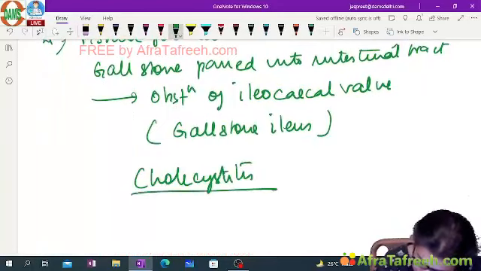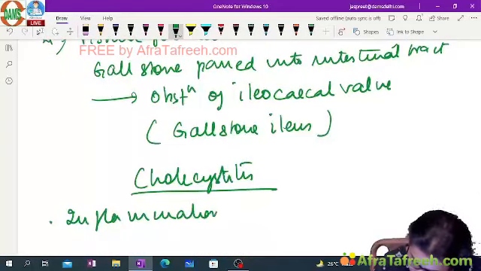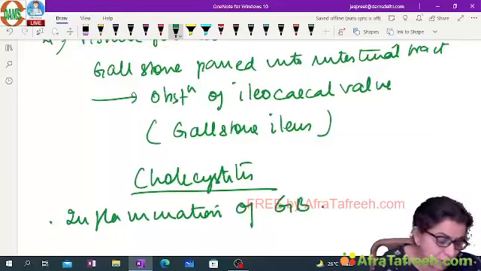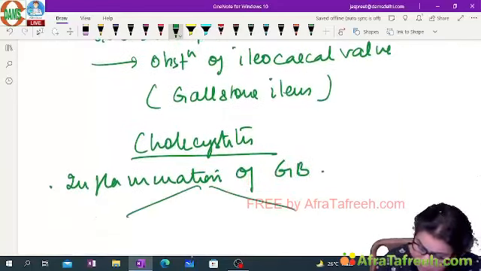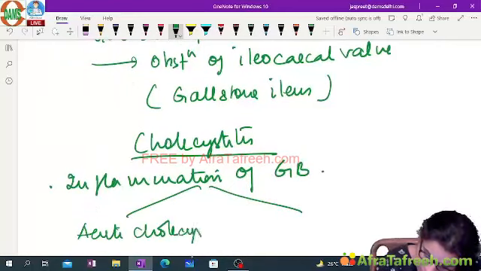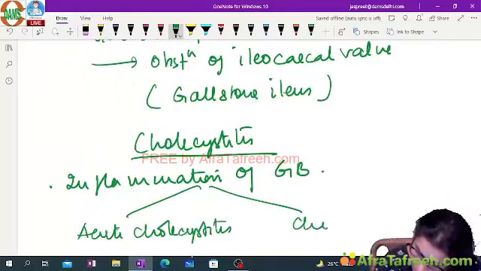What is cholecystitis? Cholecystitis is inflammation of the gallbladder, and this inflammation can be acute or chronic cholecystitis.